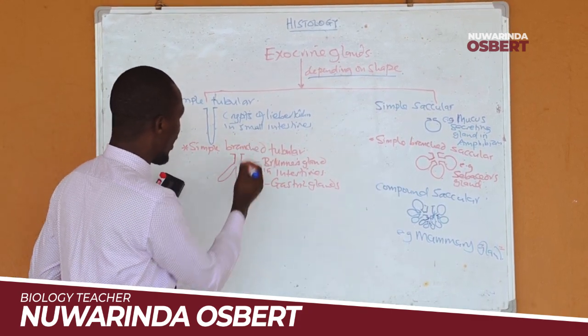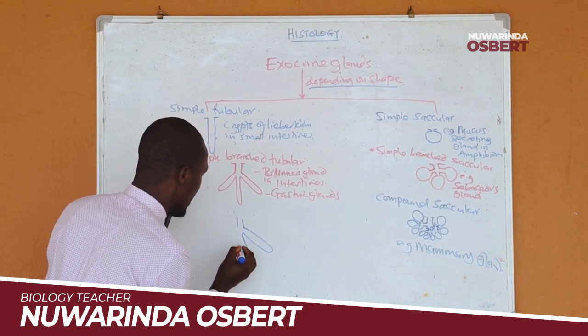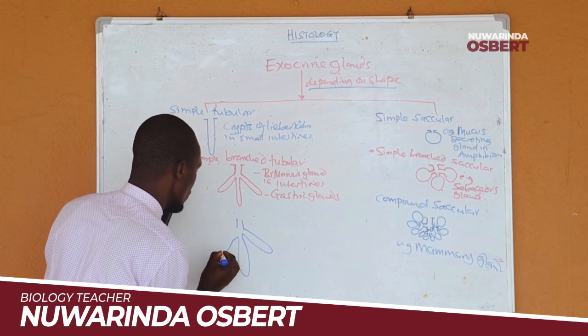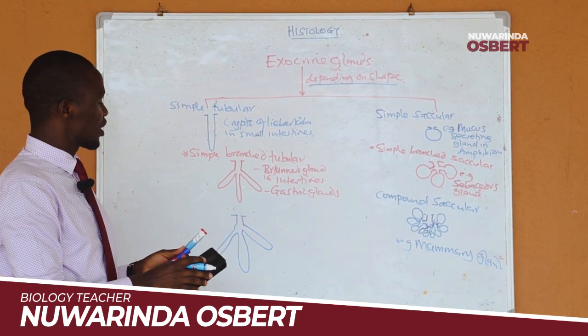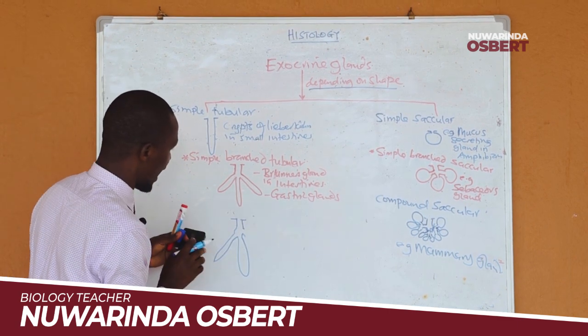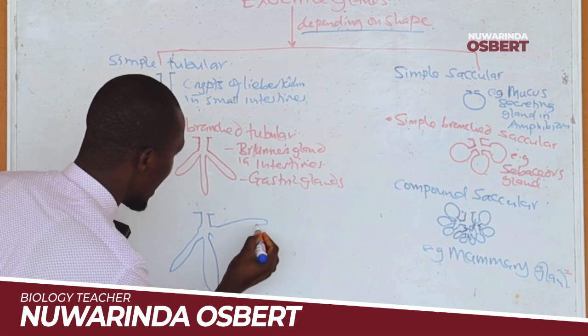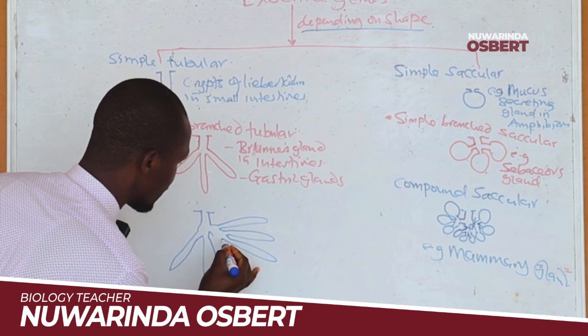How do I modify? Originally I was supposed to be having something like this. But now I am going to modify this. I'm going to break this one further. So if I break this one further, you find that from it I have other tube-like structures like that.